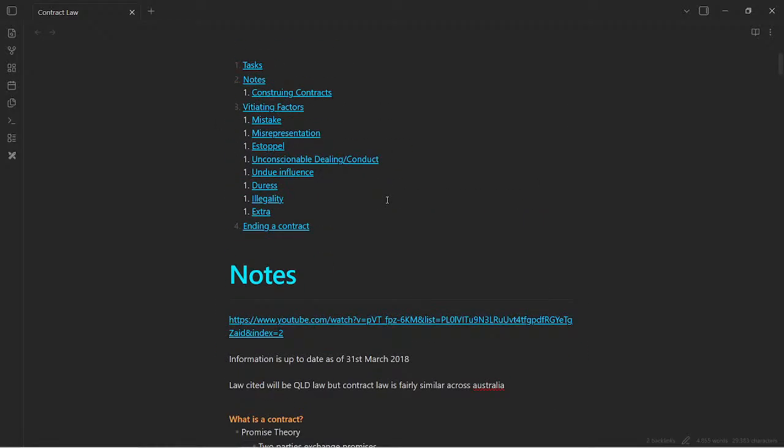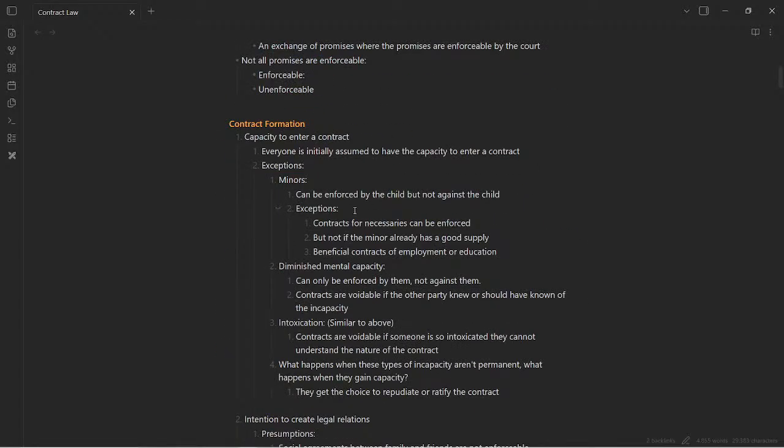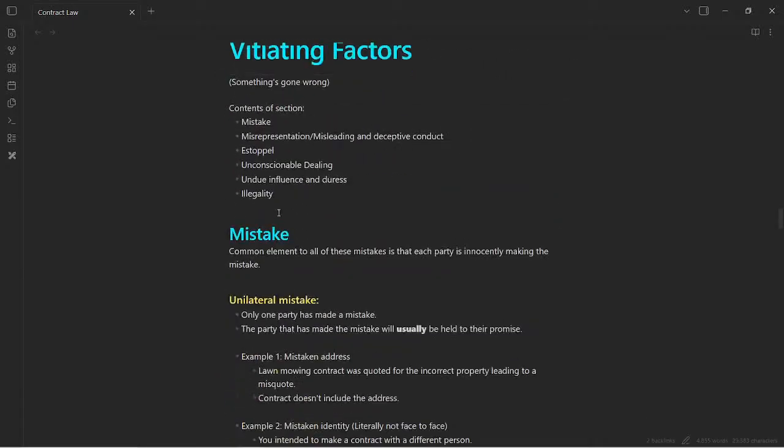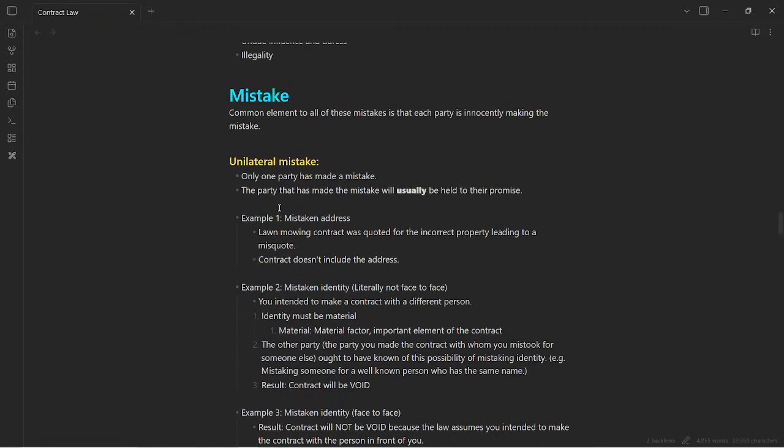So for example, with mistakes, I want to remember that a unilateral mistake is a mistake that only one party has made, and that the party that has made the mistake will usually be held to their promise, right?